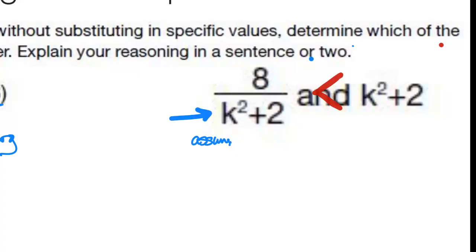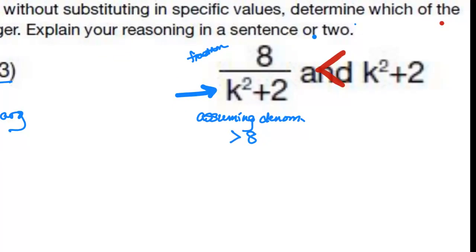Are you assuming that it is larger than 8? Maybe you're assuming that the denominator is greater than 8, which would make this a fraction. Okay? But let's actually put some numbers in and see if that's always true.